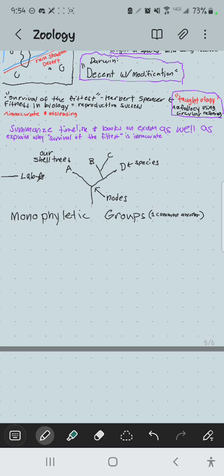So even though each letter would have its own species name, we could come up with shared genus names so that we can reflect relationships in the naming. For example, if you think A and B have shared similarities, A and B could share the same genus because they have a common ancestor here.